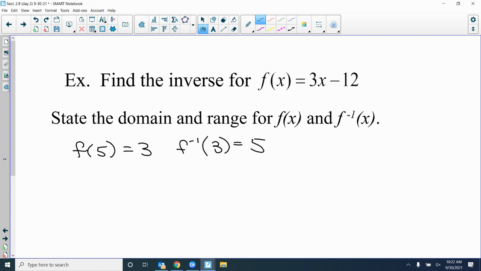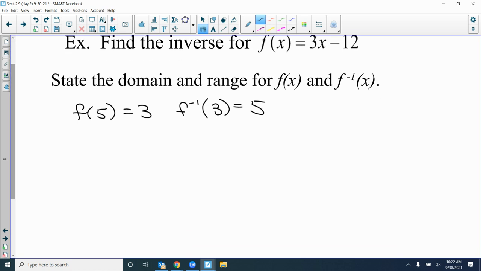All right. Do you remember how to find the inverse for something like this? Don't you plug the y into where the x is and plug the x into where the y is? Yep. You replace any x with a y and any y with an x. Okay, we'll start with that. First thing though, if it's written as f of x, go ahead and rewrite that as y equals 3x minus 12. So you got that.